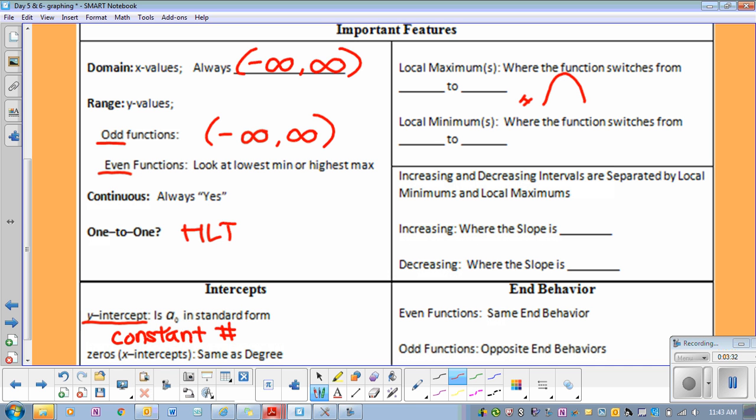So it goes from increasing to decreasing. And the local minimum, which would look like this, is where it switches from decreasing to what? Increasing, yeah.